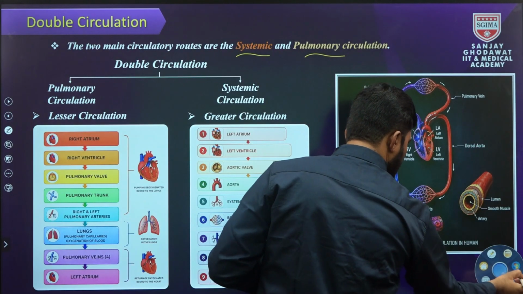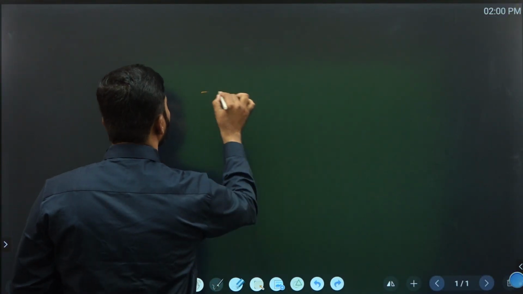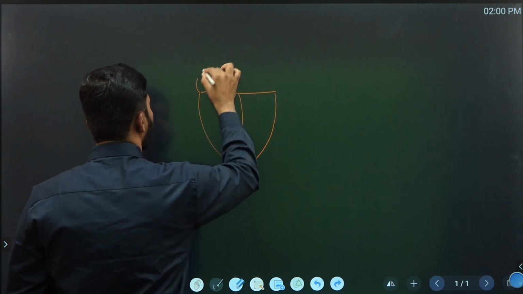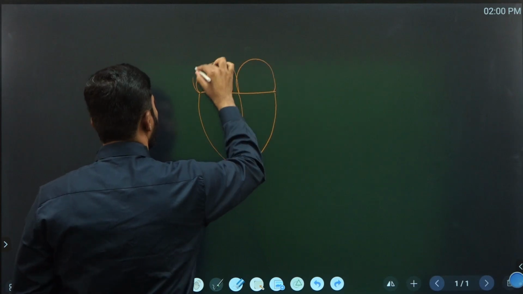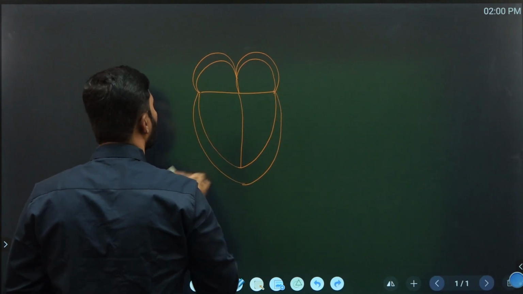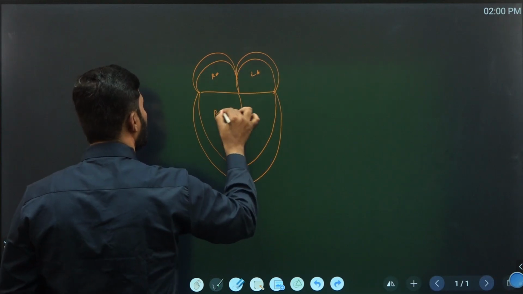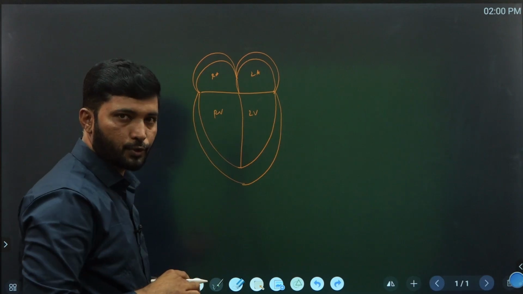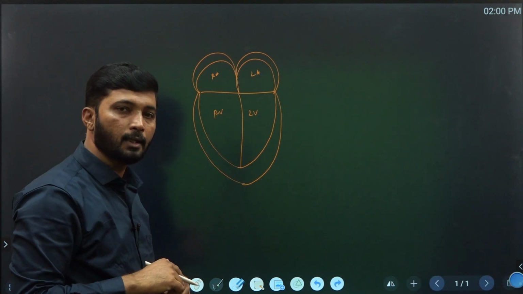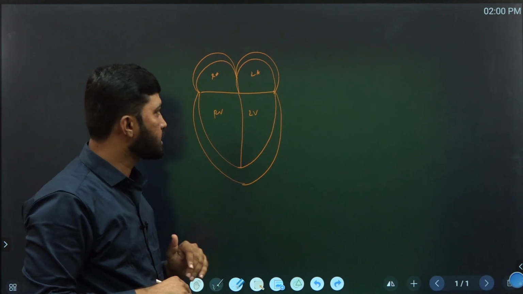If you take the separate slide, this is the human heart. Right atria, left atria, right ventricle, left ventricle: four chambers. The right atrium collects deoxygenated blood from different body parts by three caval veins: precaval, postcaval, and coronary sinus.